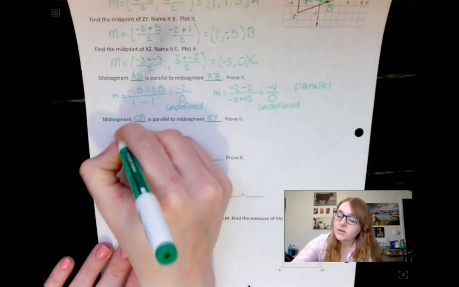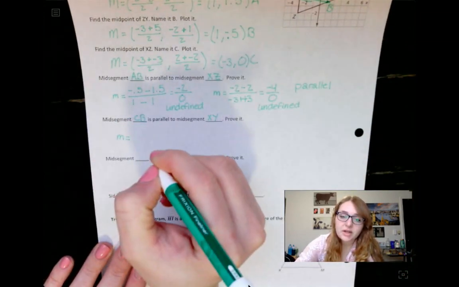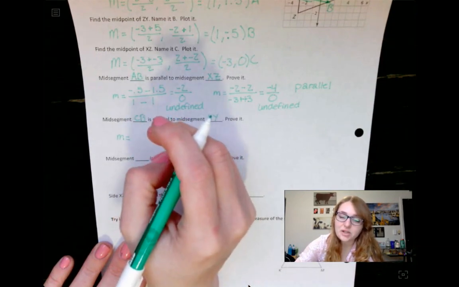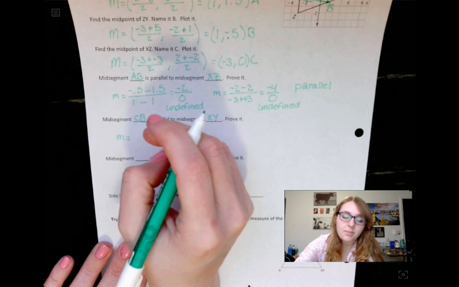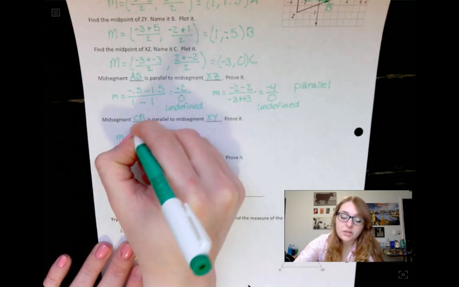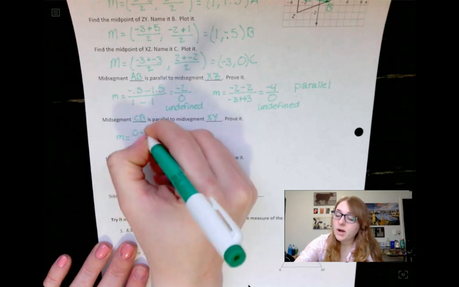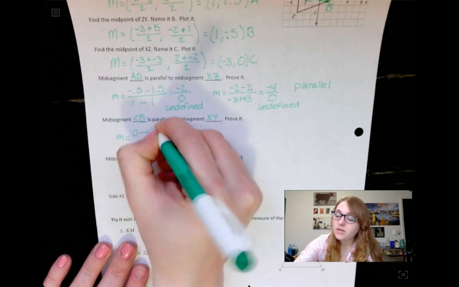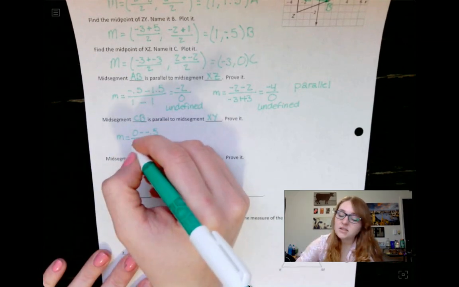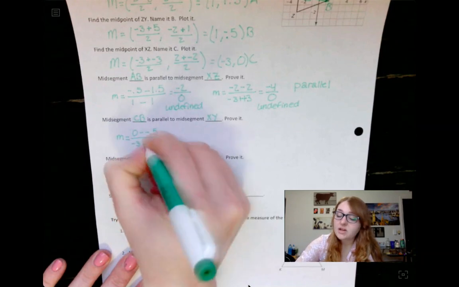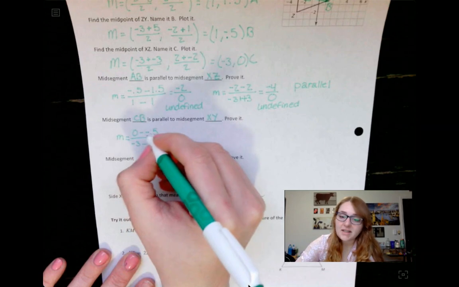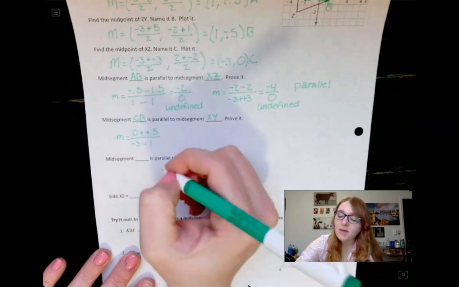We have our lowercase m for slope. We're going to check CB first. I'm going to make C my x2, y2, and B my x1, y1. So we have our y2, which is 0, minus our y1, which is negative 0.5, over our x2, which is negative 3, minus our x1, which is 1. Here we have subtracting a negative again, so we know that is adding a positive.